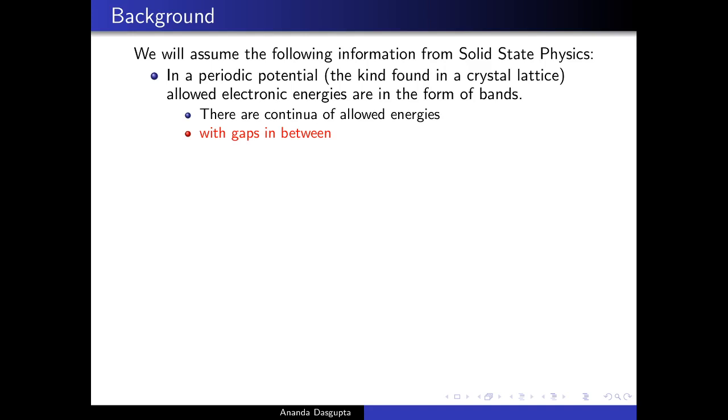Now, what happens when you have n atoms in close proximity? Well, you expect these levels to split into n levels. So each level from one atom essentially becomes n very closely spaced levels. And because the number of atoms is huge in a solid, the number of these levels is also huge. So you have a small energy spacing inside which there are many levels.